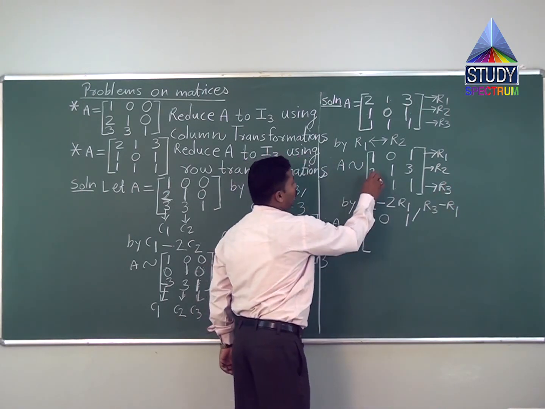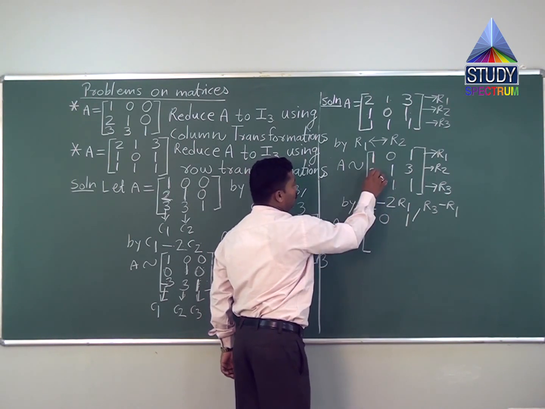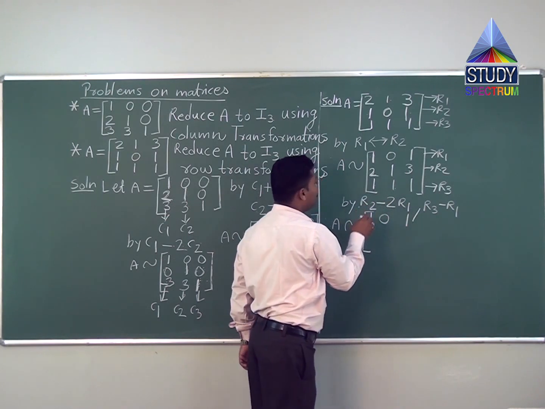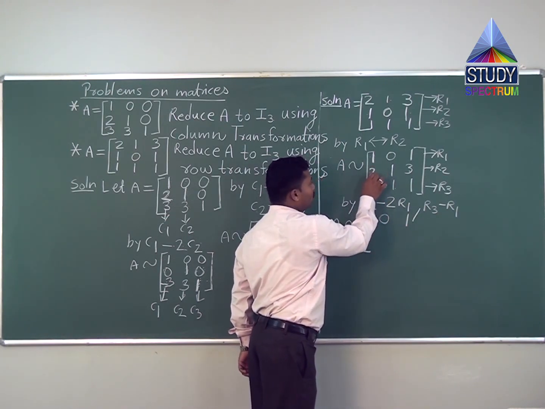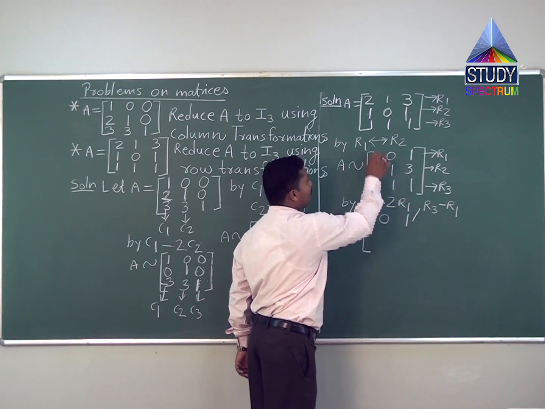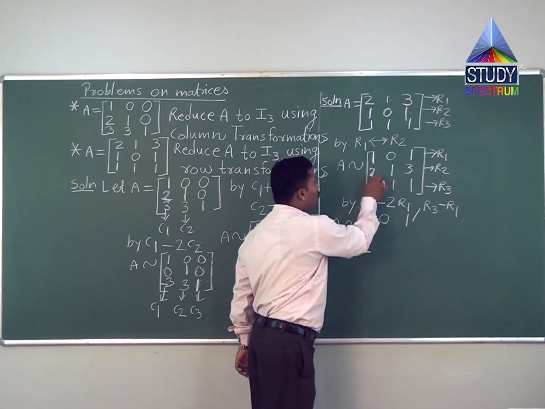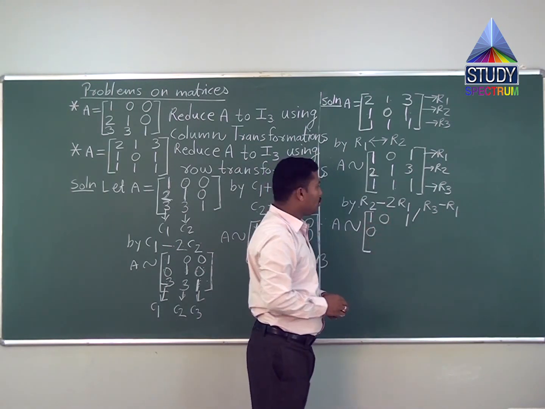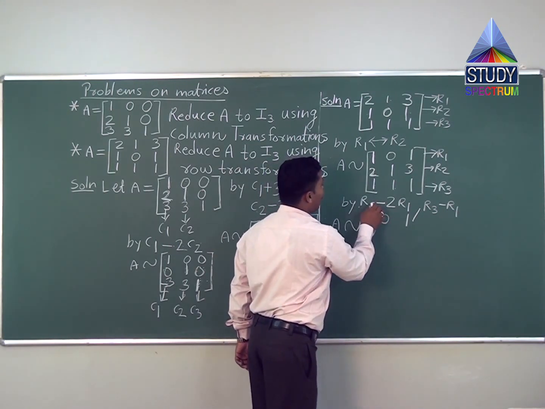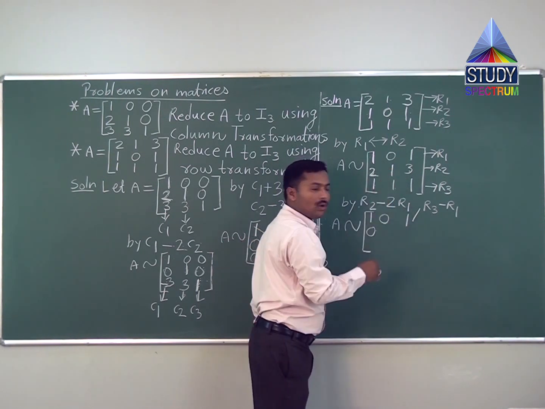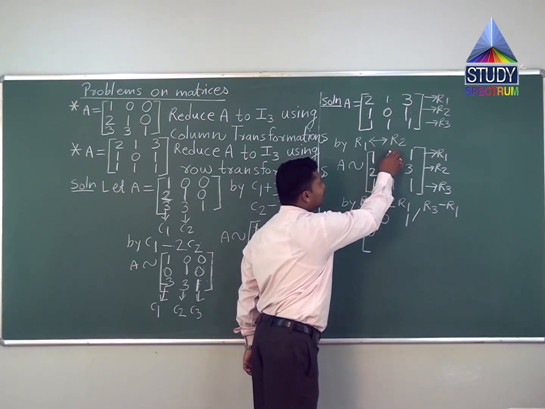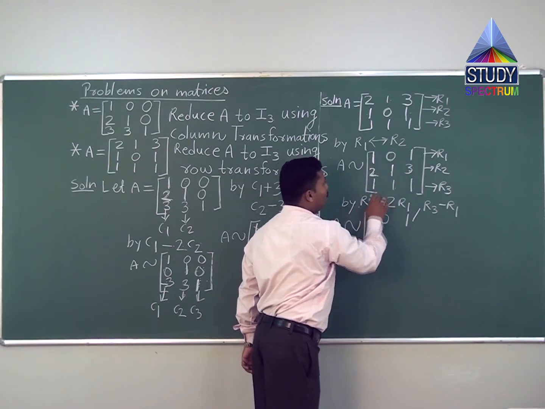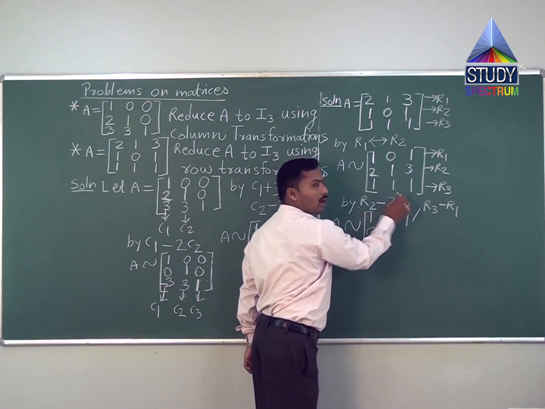So R2 is 2 minus 2 into R1. R2 is 2, and 2 minus 2 into R1's 1 is 2 minus 2, 0. Again, R2's second number is 1 minus 2 into R1's second number, which is 0.